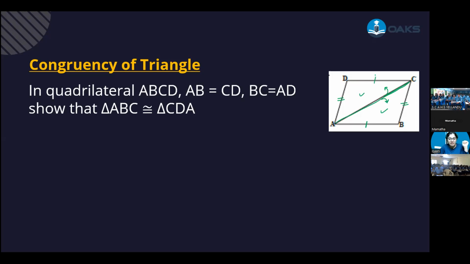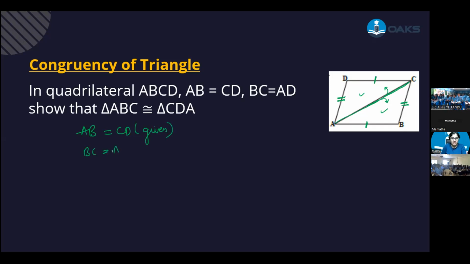Okay. So we have one side this, second side this, and third one is already common. So common is equal, right? Common is equal. So we can say that AB is equal to CD, given to us in the question.